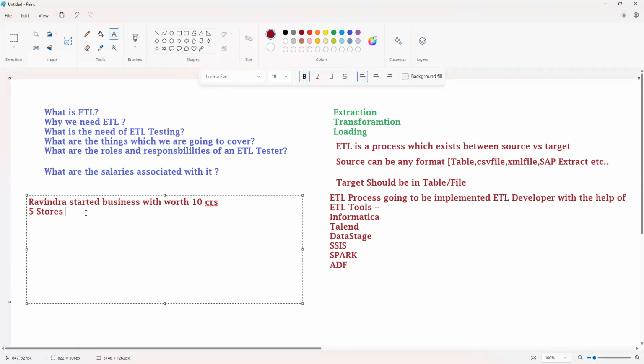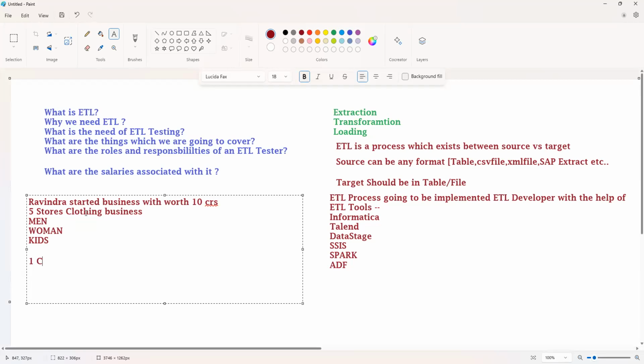Now, next, Ravindra started with the worth of 10 crore rupees, 5 stores. Let's consider it a clothing business. In that clothing business, men, women, kids. Out of the 10 crore, he kept expenses.